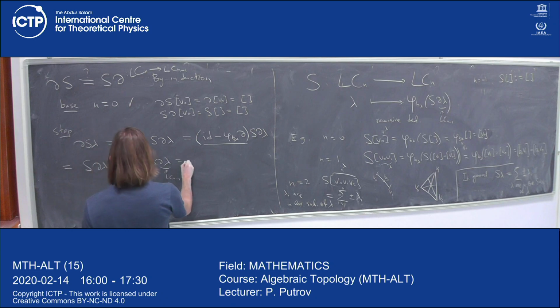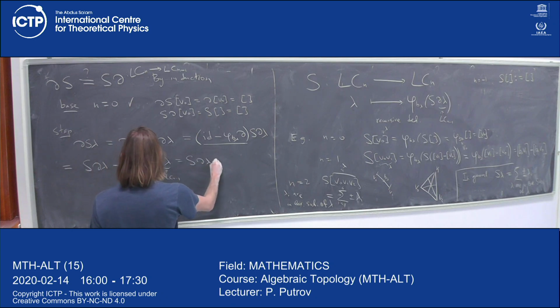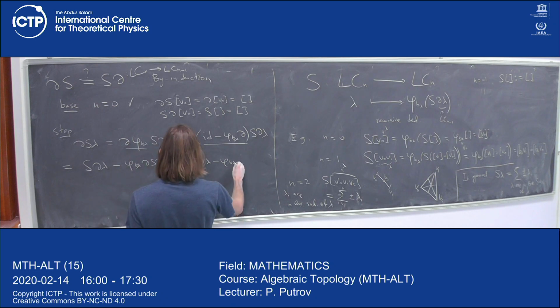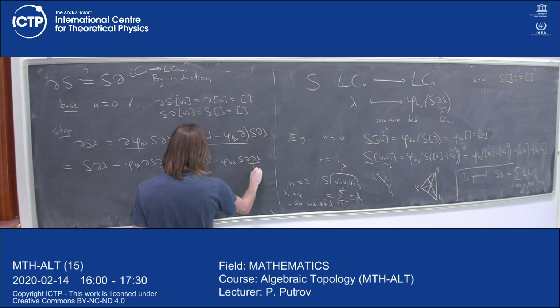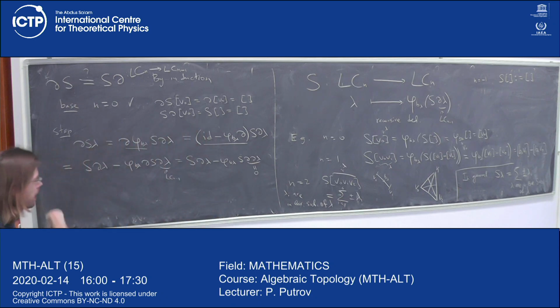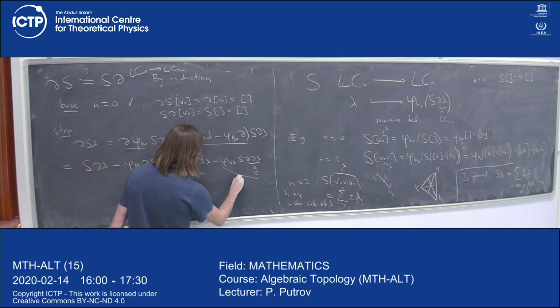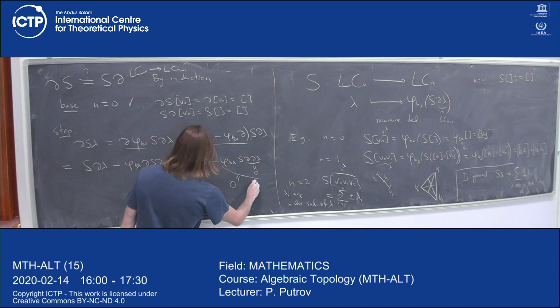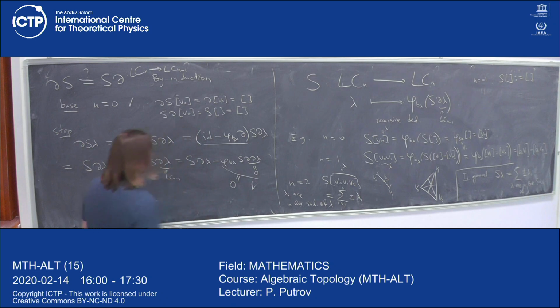So this is S d lambda minus phi d lambda S d lambda, and this equals 0. So the whole thing equals 0. Check this property. Okay, good.